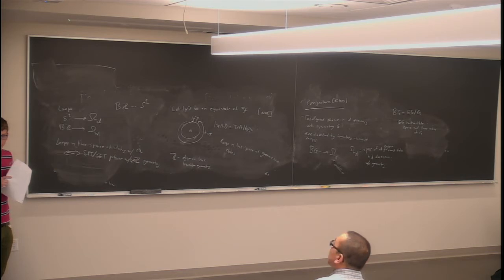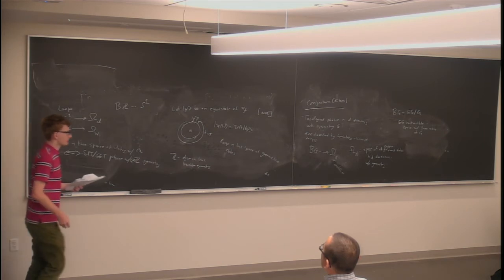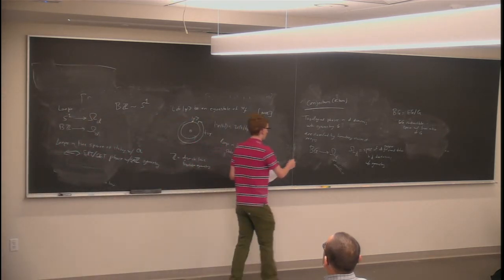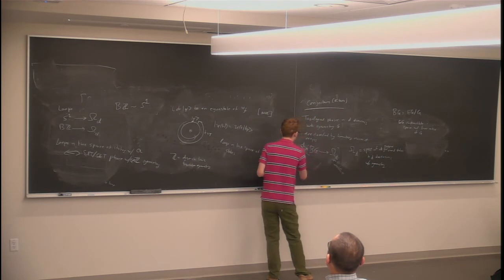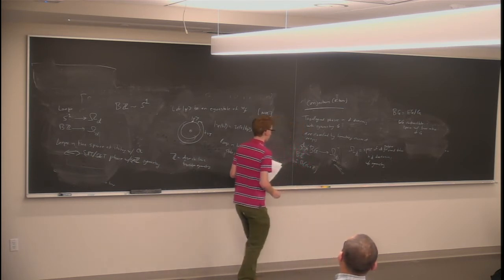So rather than changing the symmetry G to G cross Z, we do the same mapping from BG to Omega D, but consider pi 1 of that space of maps. Yes, because it's the same as a map from S1 times BG to Omega D, and S1 is BZ. I see. So they're equivalent.